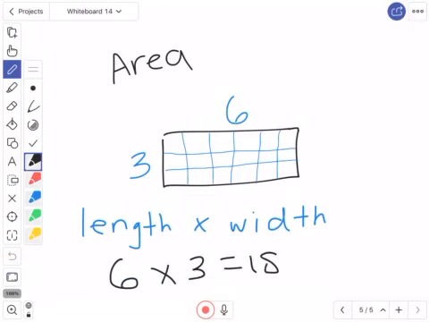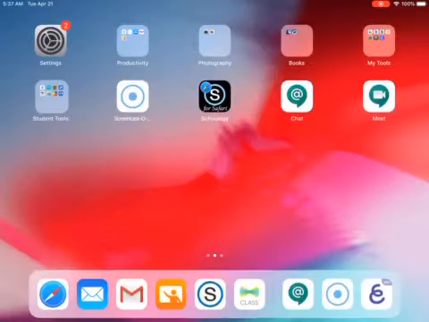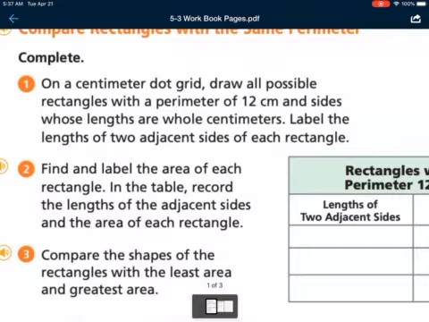And I wouldn't just say feet, I would say 18 square feet, because I'm measuring the inside and you always measure in square units. That's why we talk about those squares on the inside. Now I'm going to go to the math quick quiz to show you what it looks like.